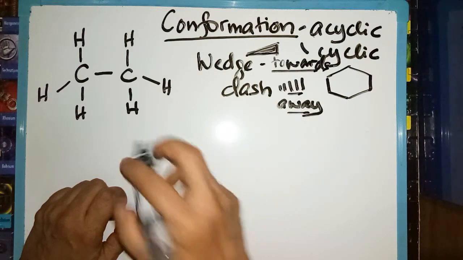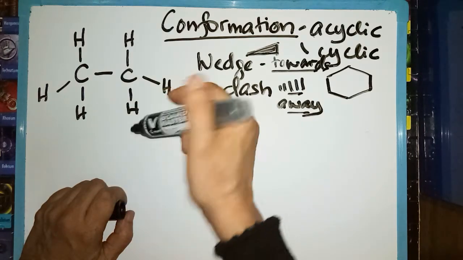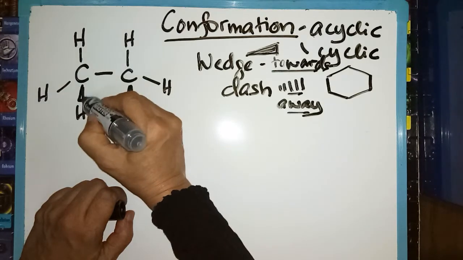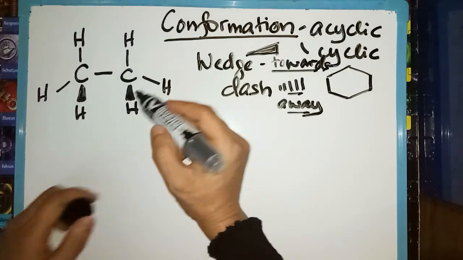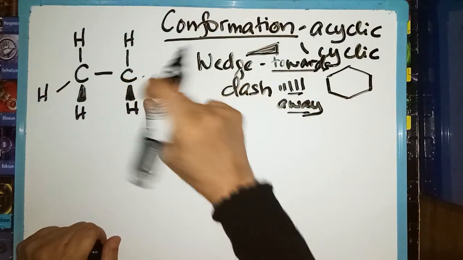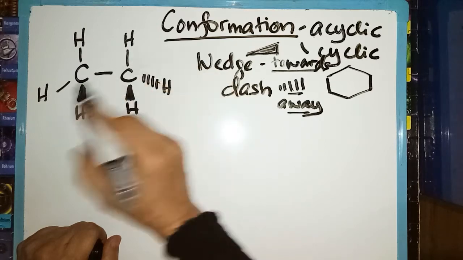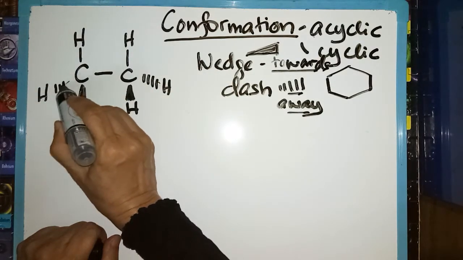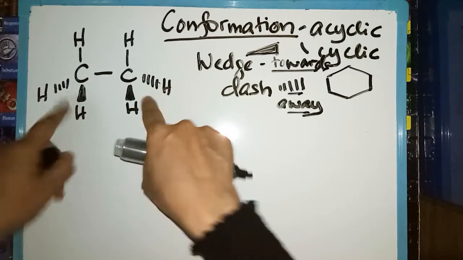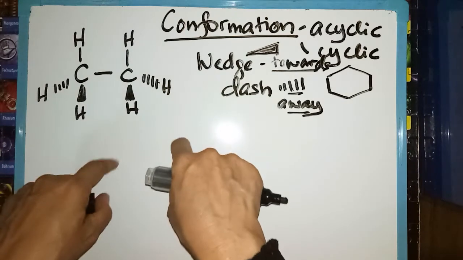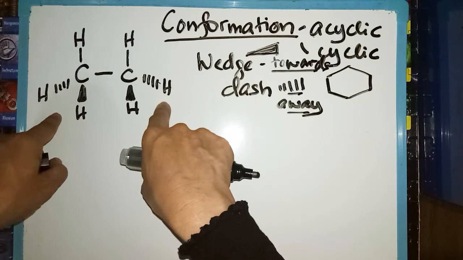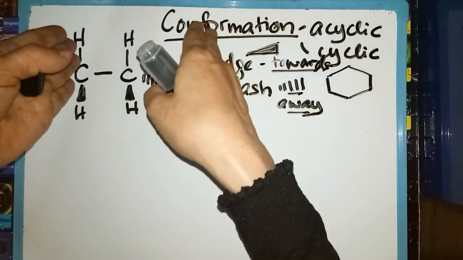So when we look at this, if I write this one as wedge, it means that this particular hydrogen here is actually pointing towards me. Okay, and when I change this to dash, I'm showing this particular hydrogen is actually away from me. So if I have this in 3D, these two hydrogens are now behind the whiteboard.